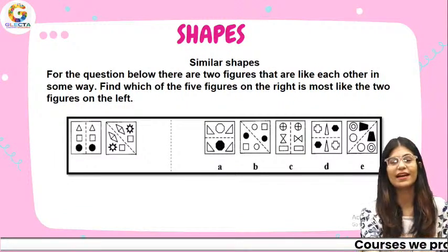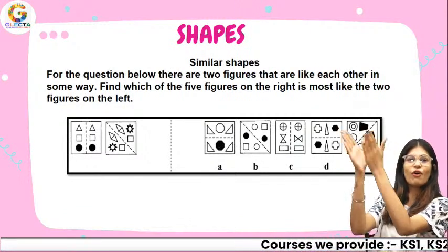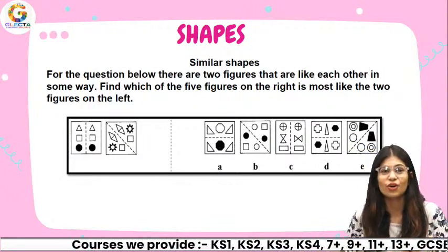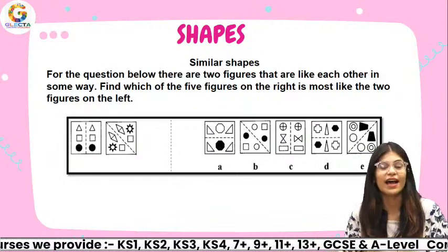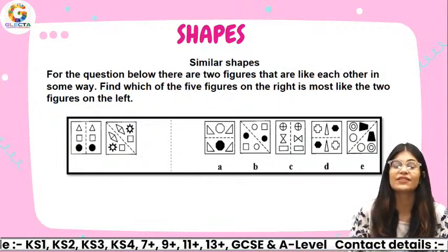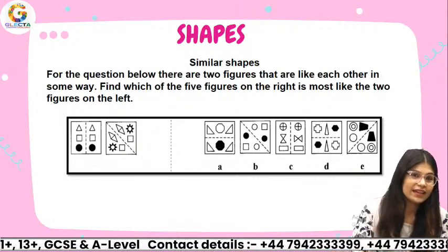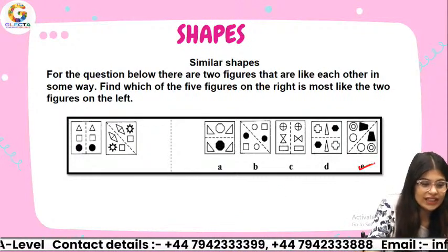I said something about the line of symmetry, that if you fold it, they should overlap. A doesn't overlap. E, on the other hand, does overlap, because they're reflections of each other. So instead of A, the answer is actually E here.